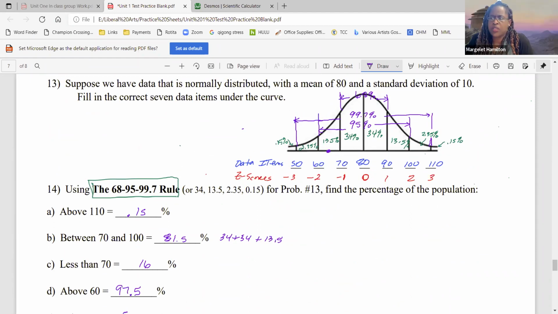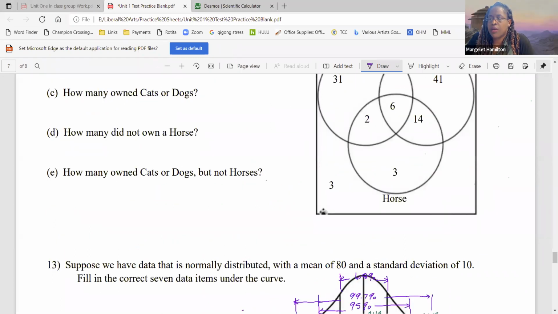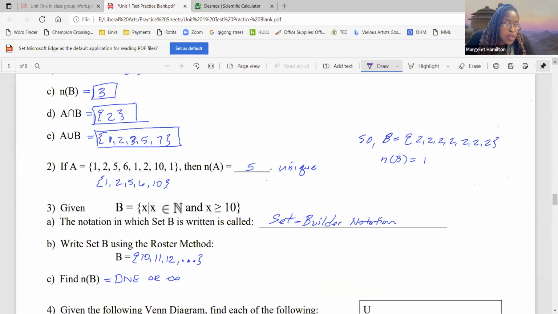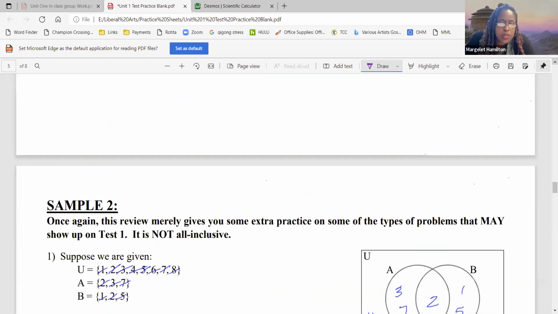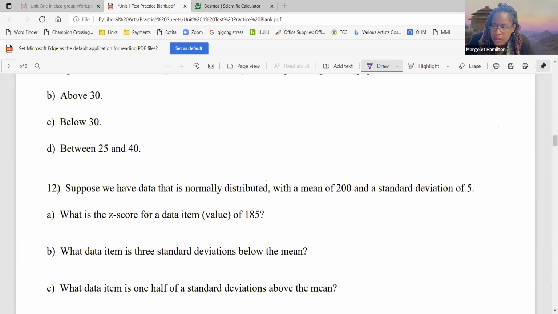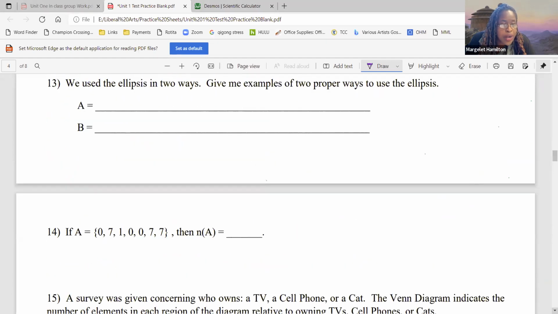Oh, we didn't do it. Oh, I passed it. Right there. Okay, there it is.